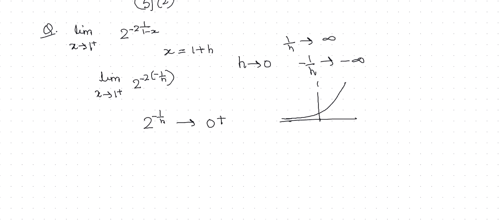As x tends to negative infinity, the graph of 2 raised to power x tends to 0. So when negative 1 over h tends to negative infinity, the value of the function tends to 0, but it is positive.